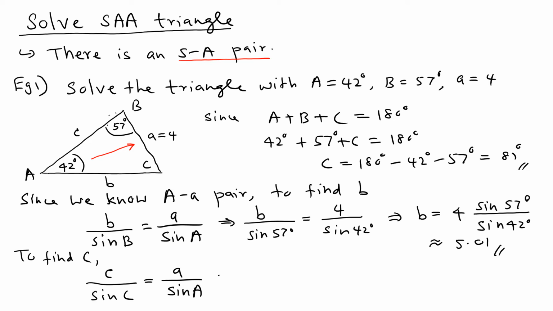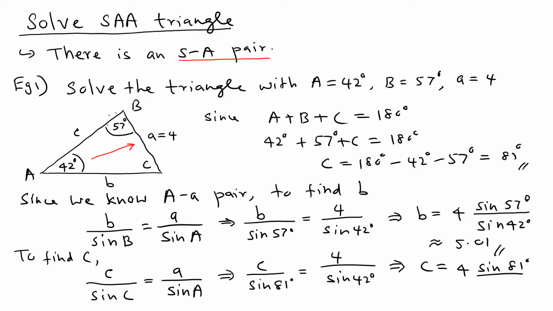Again, c over sine C, we already know C is 81, equals 4 over sine 42. As before, c equals 4 times sine 81 over sine 42. Using a calculator up to 2 decimal places, you get 5.90 as the other side.